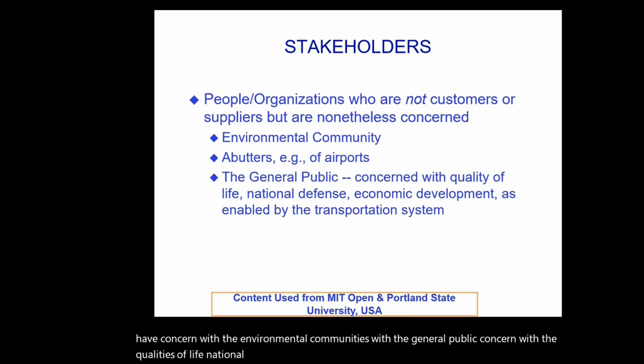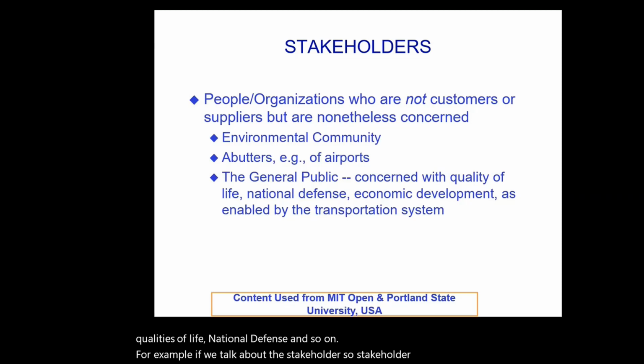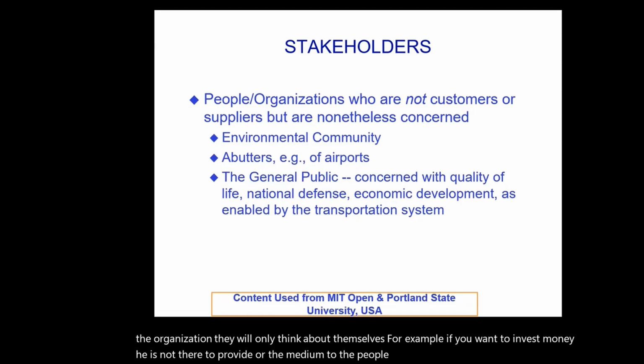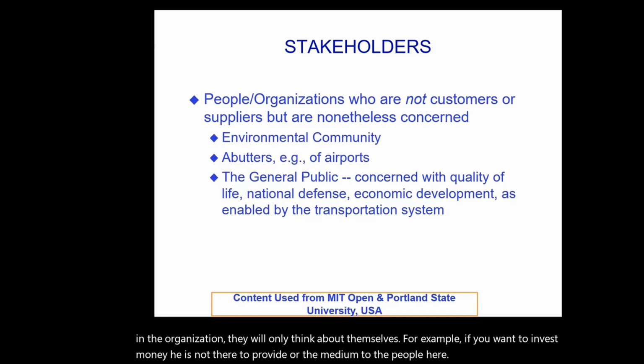If we talk about the stakeholder, the stakeholder will never think about the people or the organization. They will only think about themselves. For example, if he wants to invest money, he is not there to provide a medium to the people. He is there to earn money, to make it triple, even to make it 5 times, right?